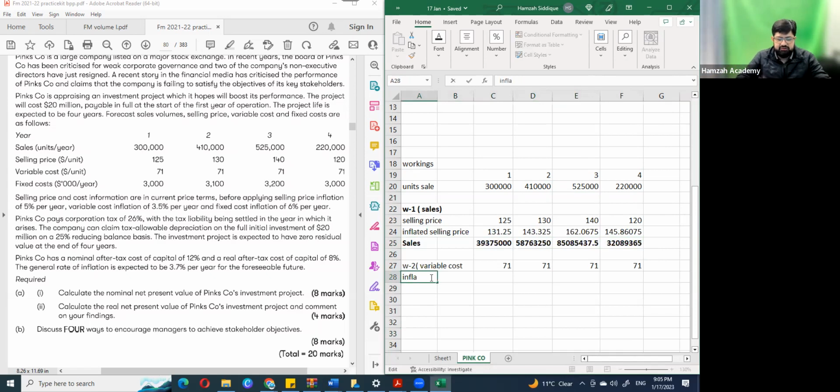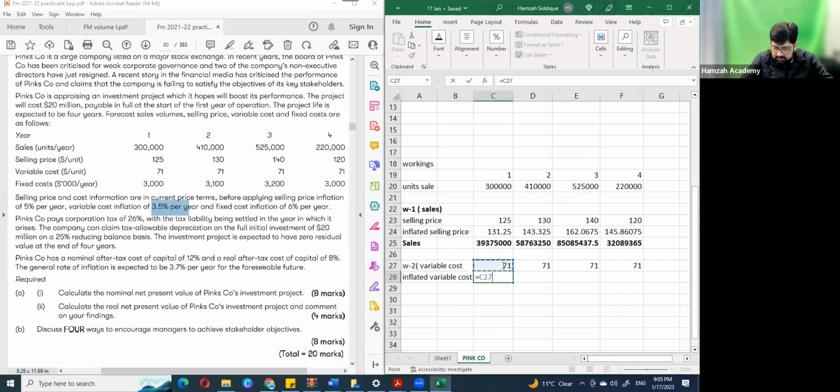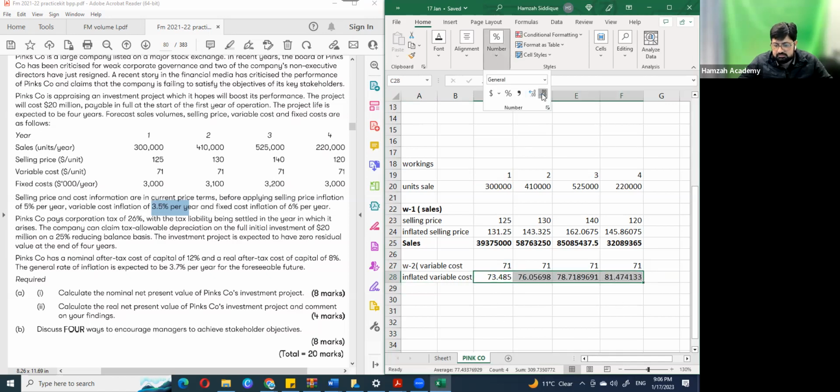Variable cost, inflated variable cost. Variable cost inflation is 3.5% per year. This multiplied by 1.035 raised to the power of the number of years. Same approach as that of sales. Here we go. Simple as that.